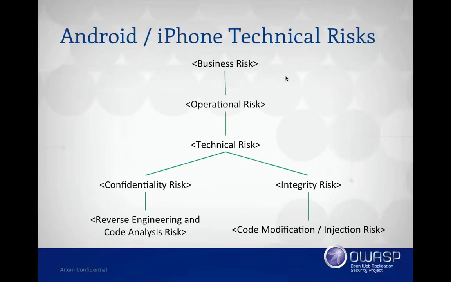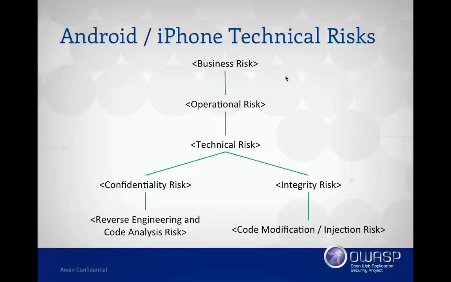And here's the taxonomy that I had originally come up with when we're talking about reverse engineering and code modification. In the classic sense, the types of risk we deal with in reverse engineering relate to code confidentiality. Normally when we think about confidentiality in information security, we're thinking about the confidentiality of messages.